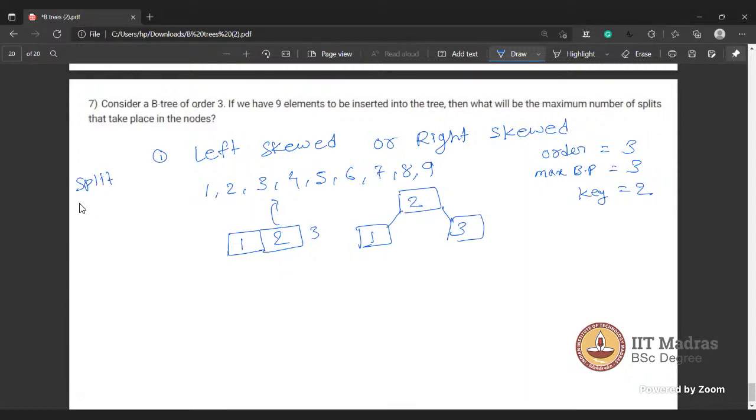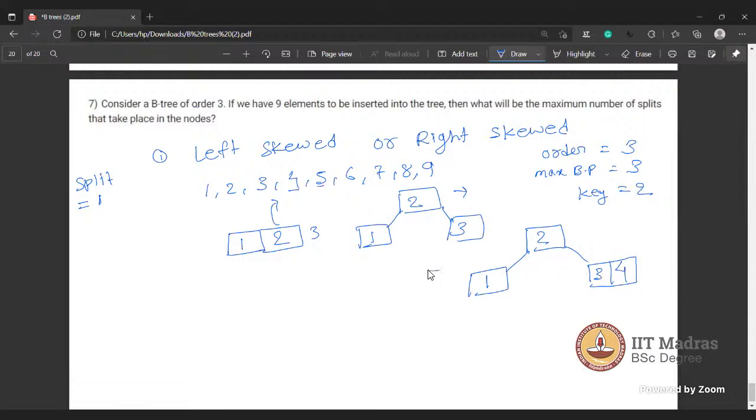So let's count the splits first. The split count will be 1. Okay, so let's insert 4. So when we insert 4, what will be the final? We get 2, then 1, 3, 4. Let's insert 5.